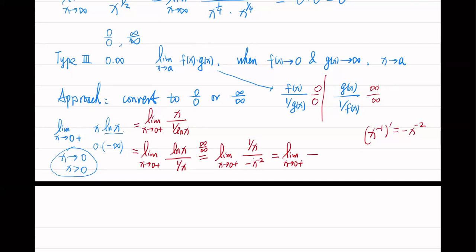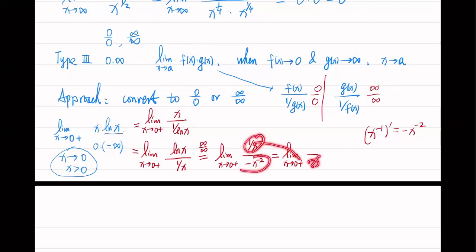Numerator 1 over x, denominator negative x to the negative 2. We put this denominator, we get x.